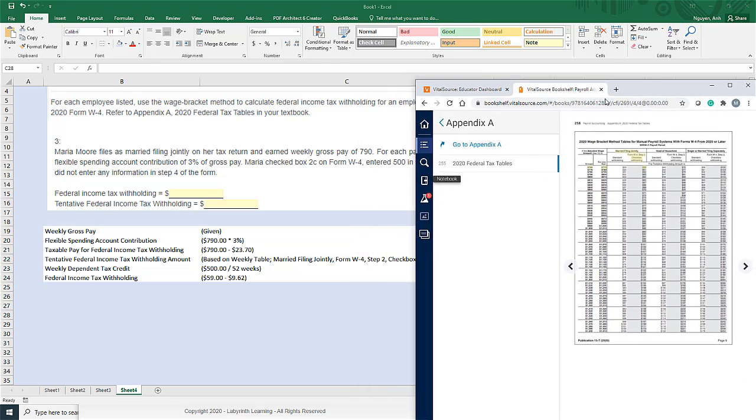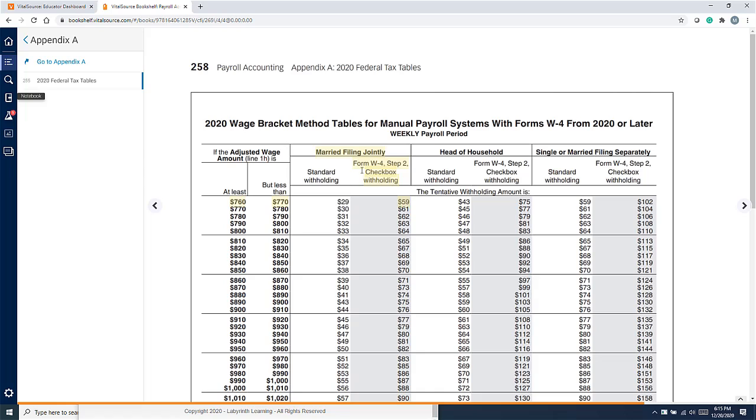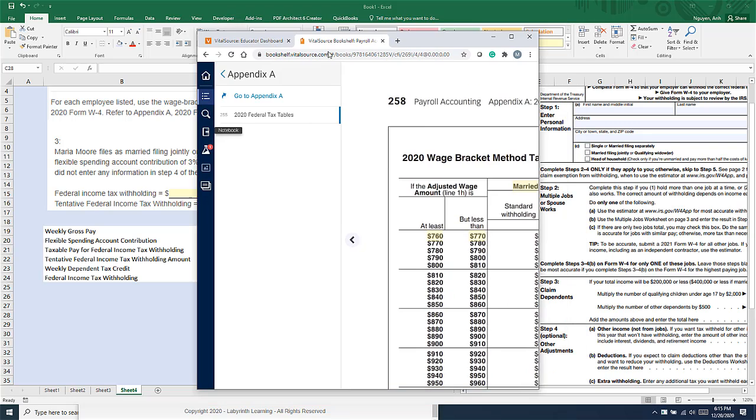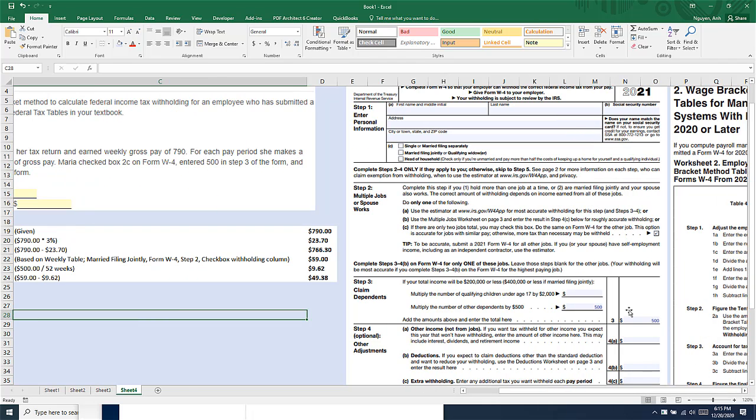Take a look here. Maria checked box 2C of Form W-4. And this indicates that she checked box 2C, all right, in step 2.